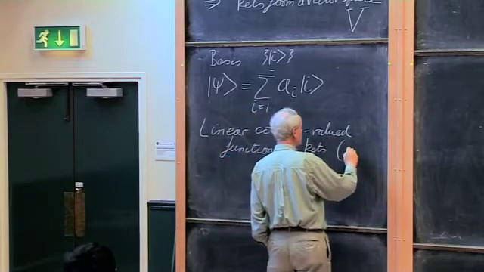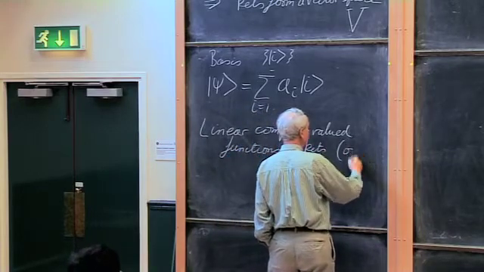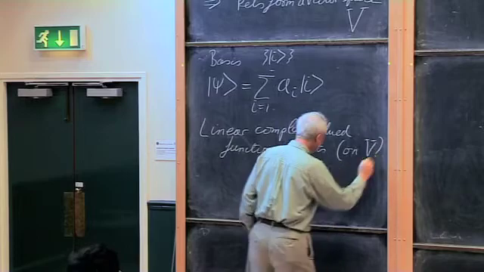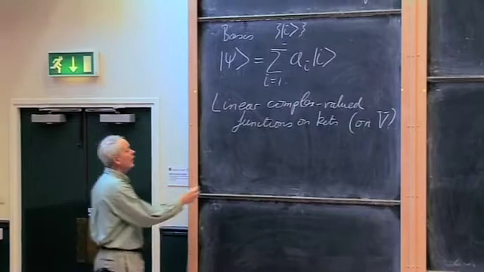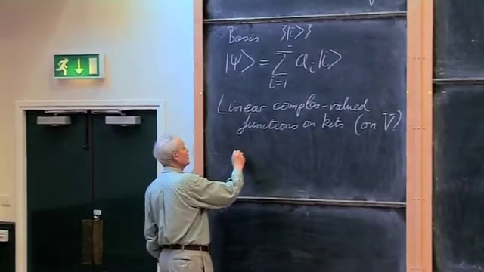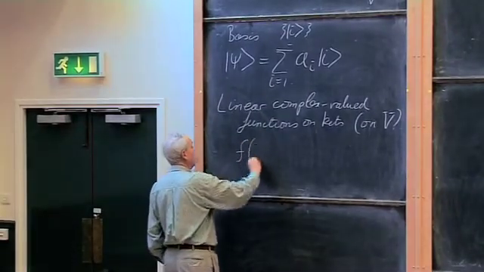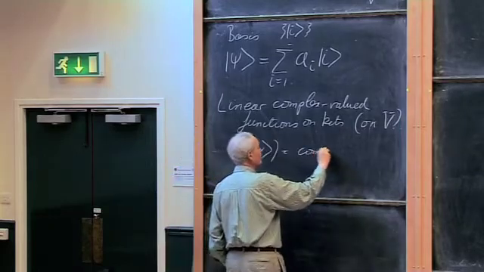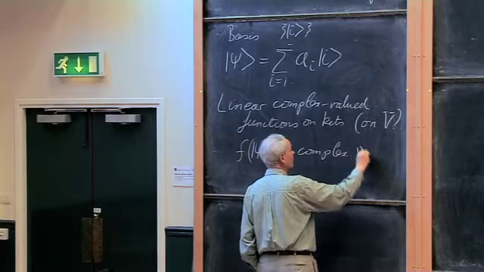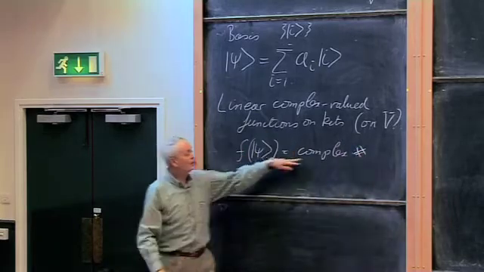A mathematician would say on V, functions on the elements of V. And you might imagine traditionally you would say, okay, f of psi is a complex number. The complex number in question is going to be the amplitude.